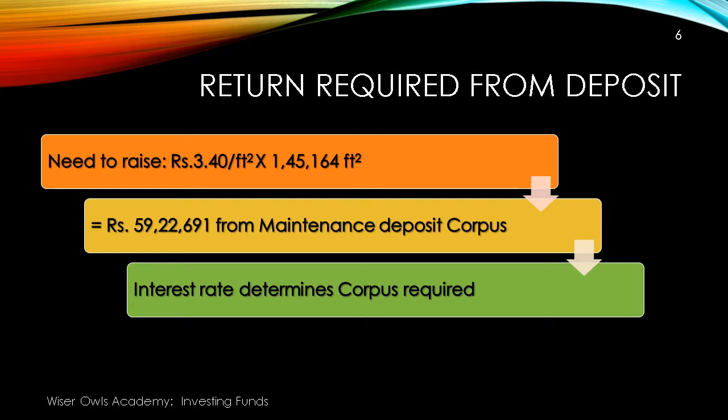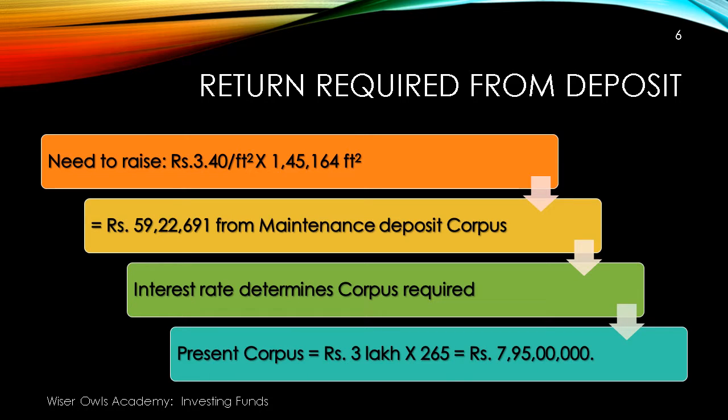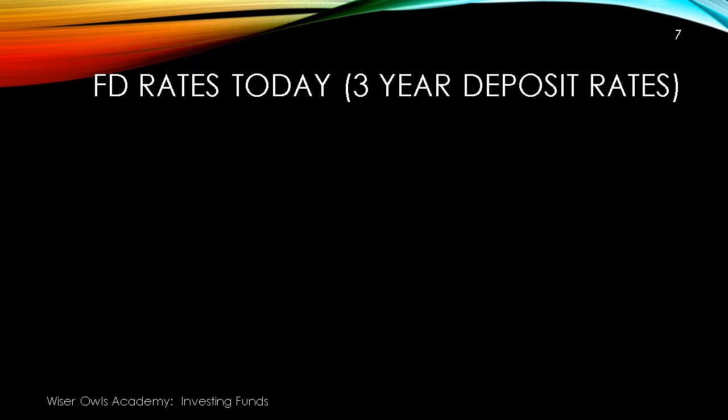It is the interest rate that is going to determine how much we are going to get. The present corpus, after everyone has paid, will amount to 3 lakhs multiplied by 265 members, which comes to 7 crores 95 lakhs. But the fixed deposit rates have been falling consistently.